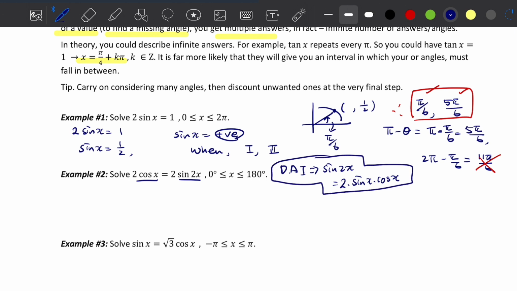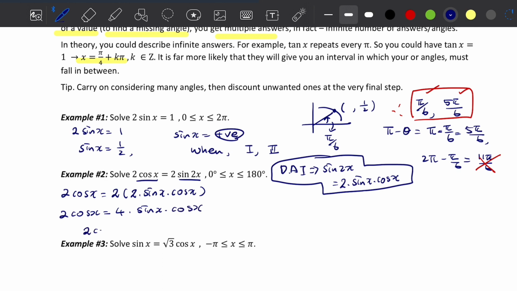Using this, we can replace sine 2x: 2 cosine x equals 2 times 2 sine x cosine x, which is 2 cos x equals 4 sine x cosine x.